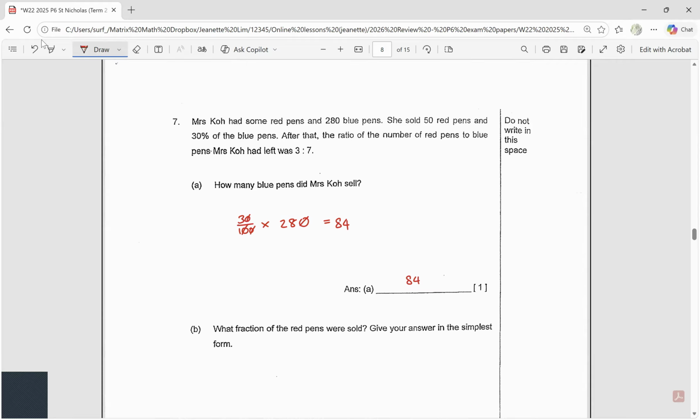Part b, what fraction of the red pens was sold? Using the ratio that we have in the end, red to blue is 3 to 7. In the end, how many blue pens were left? That is your 7 units. Blue pens are 280 minus 84.